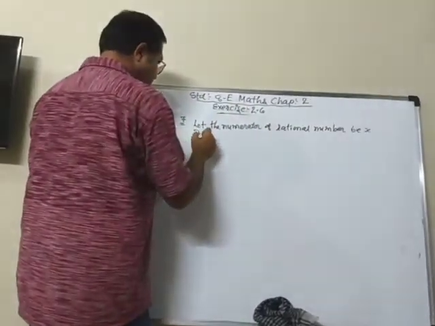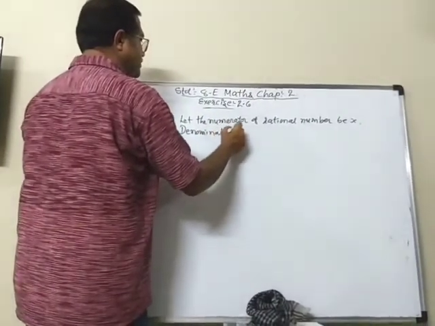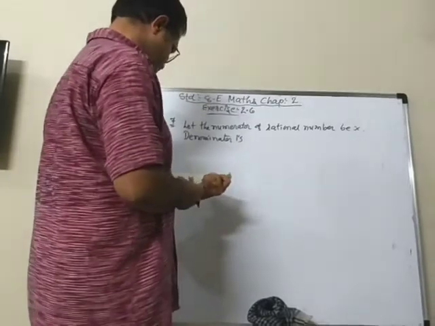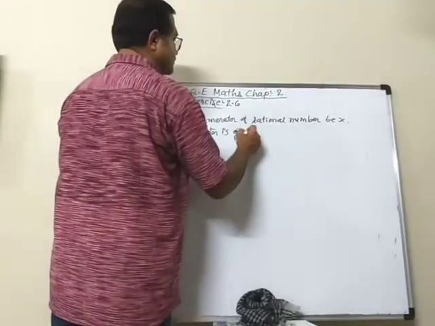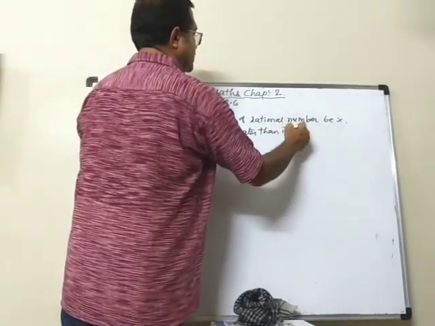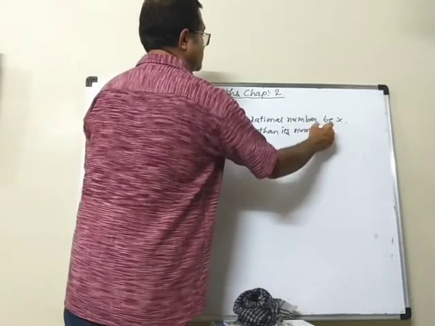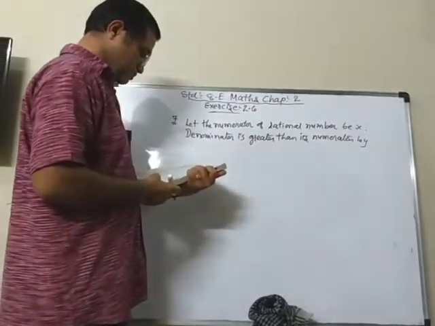Now given that the denominator is greater than its numerator by how much? By 8.